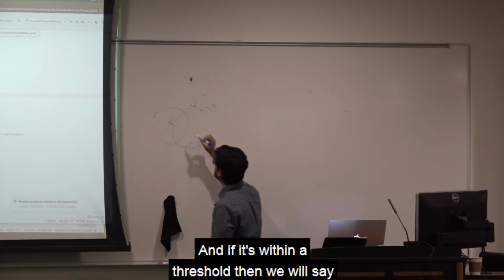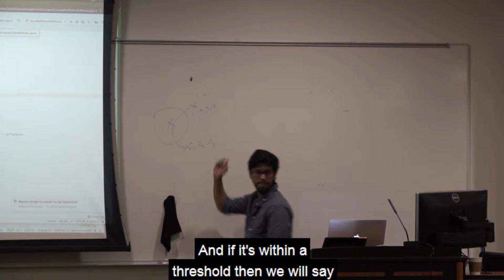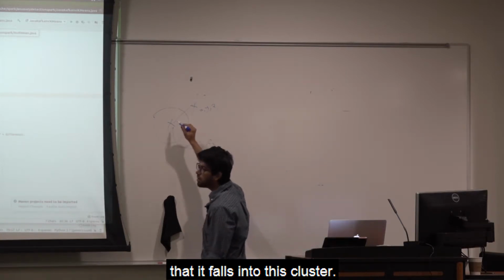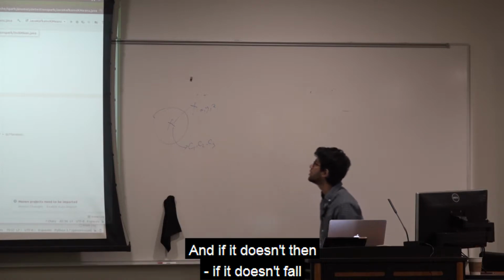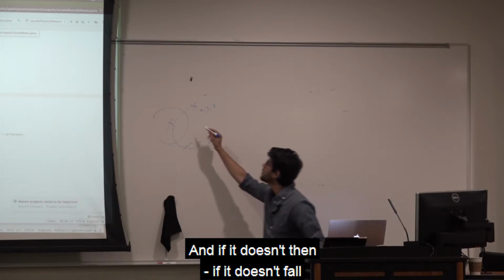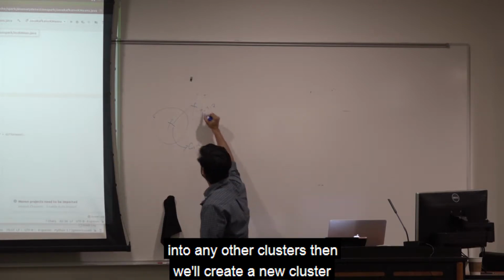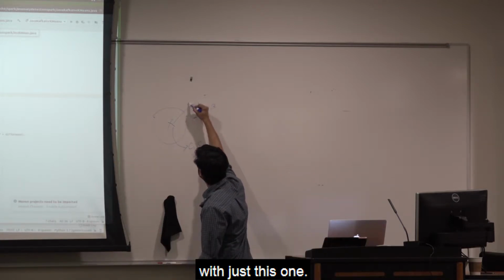And if it's within a threshold, then we will say that it falls into this cluster. And if it doesn't fall into any other clusters, then we'll create a new cluster with just this point.